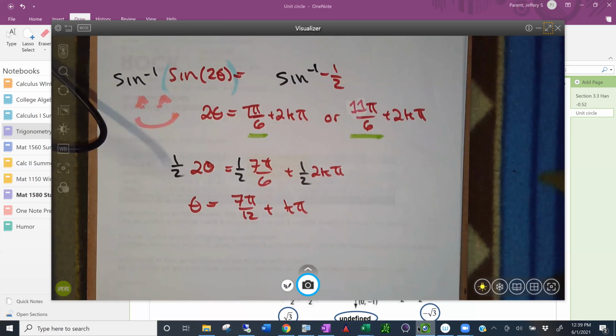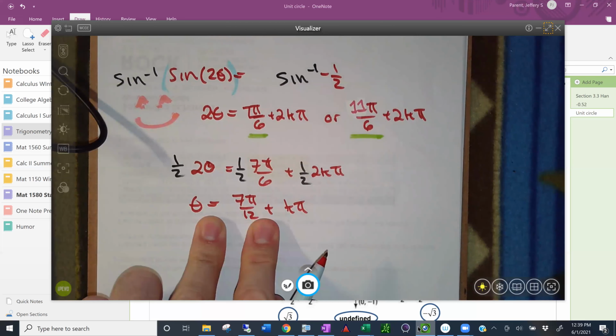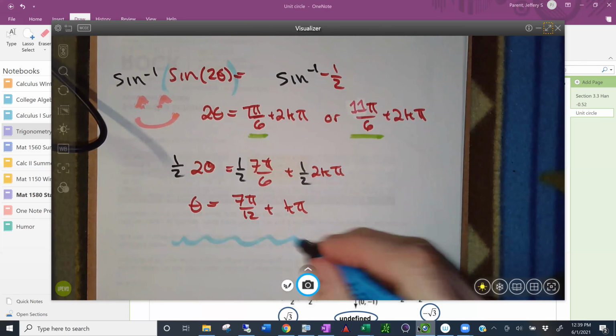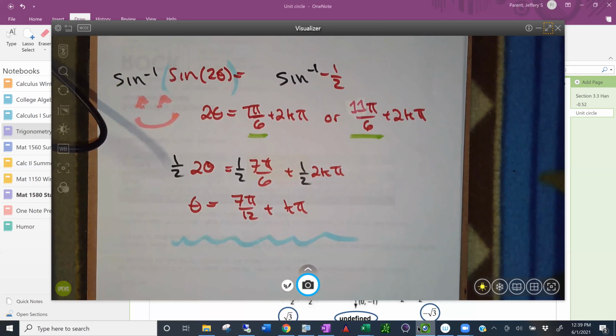I'll work with that a little bit and look back at it. I'll show you what it means graphically, but that's part of your general solution. There's another part up here. So let's finish solving that second part. I'll do the same thing that I did before.